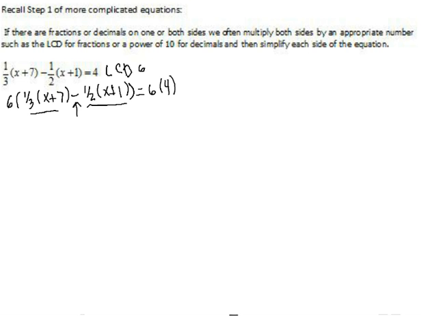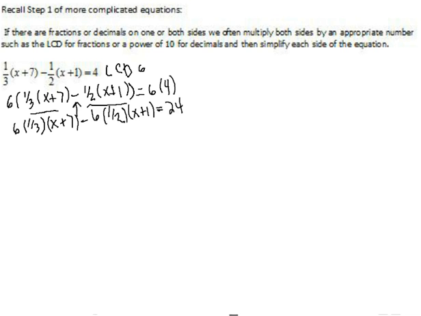So in other words, we'll have a 6 times 1/3 times the quantity x plus 7 minus 6 times 1/2 times the quantity x plus 1 equals 24. And we'll note again something here.